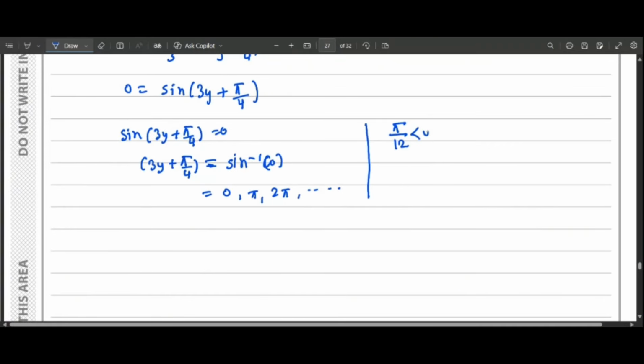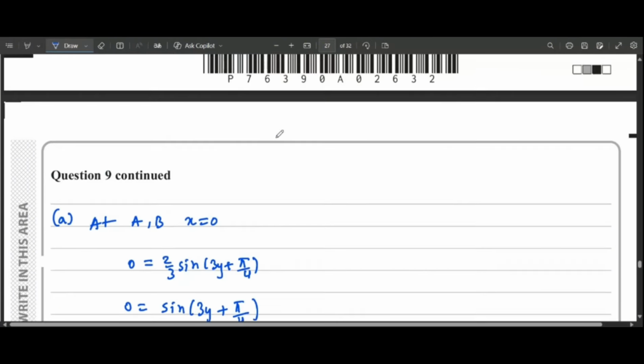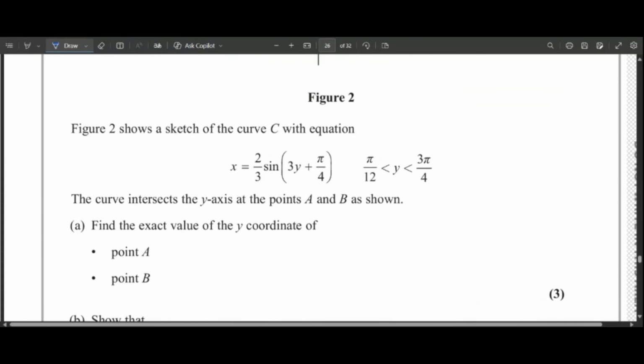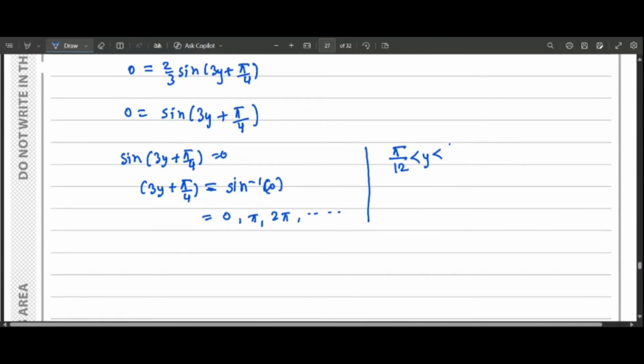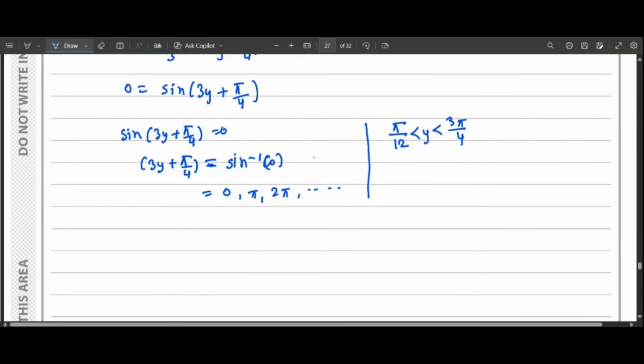We already know that y is greater than pi by 12 but less than 3 pi by 4. So this is the range given for y.